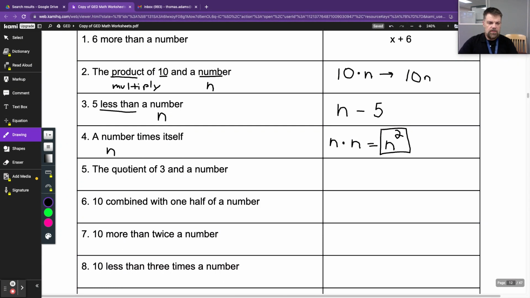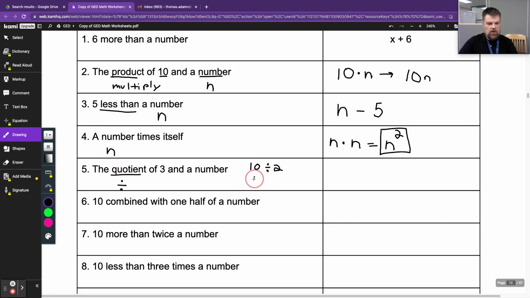Now, quotient is the answer. Am I going too fast? No. Okay, good. Quotient is the answer to a division problem. And I want to point out a couple of things. If I were to say to you 10 divided by 2, that's how most people see it.